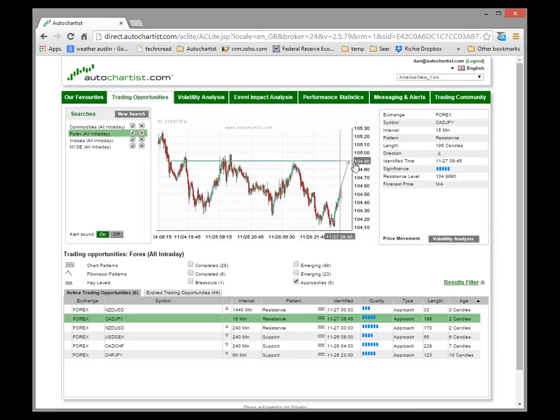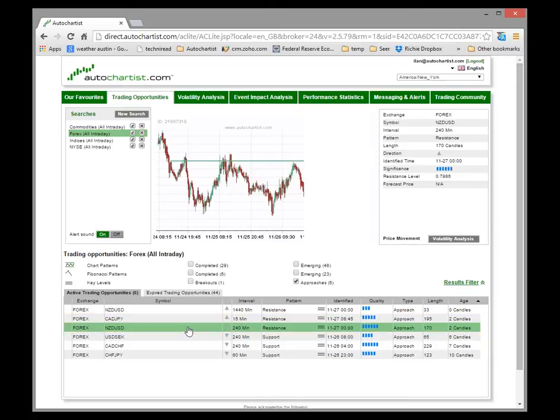Again, my Autochartist is set to New York, and you can see that certainly the vast majority of volatility on Euro USD, which is obviously the most liquid pair, happens during the early hours of New York. So during the normal trading day during London. So you can see how the volatility of the market and the amount of movement in the market directly influences the probable success rate of technical chart patterns.